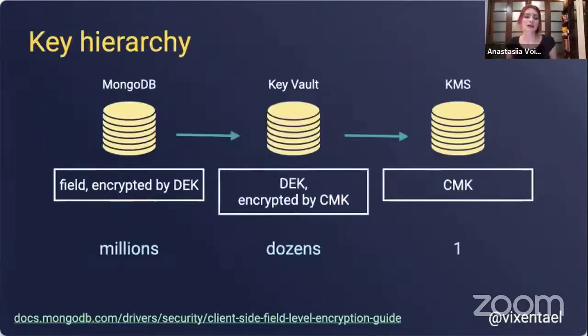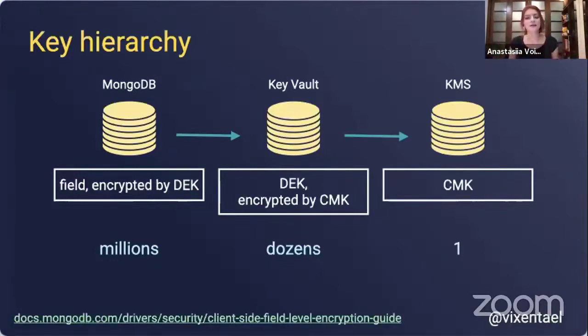In the MongoDB case, they use the following key hierarchy. Fields are encrypted with a DEK, data encryption key. The data encryption key is stored in Key Vault or KMS and can be encrypted with a customer master key. The customer master key is typically stored in KMS. Sometimes this is not your KMS, but the customer's KMS.